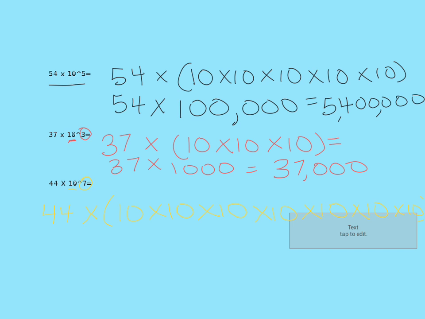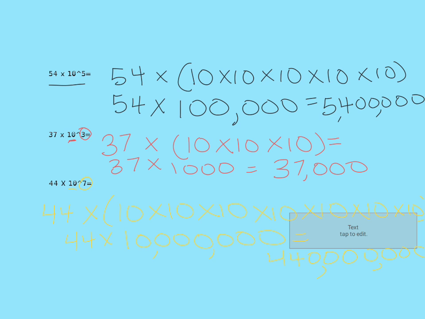So now we have 44 times that's going to be 10 million, believe it or not. So that's going to be equal to 440 million. Wow, that's a lot of zeros.